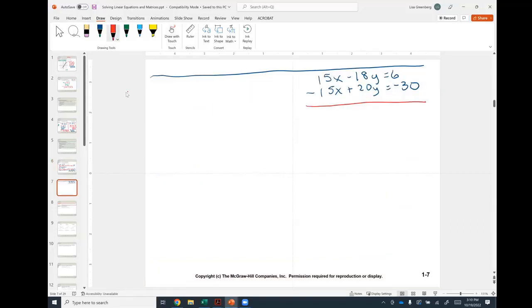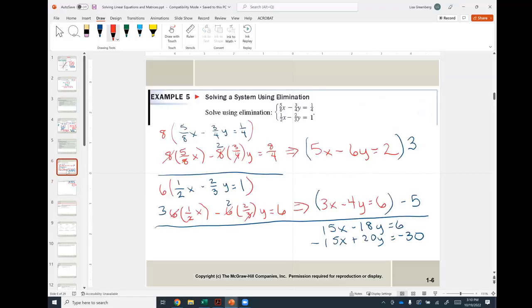Add these together, this cancels. I get 2y equals negative 24. y is going to equal negative 12. And then I just need to put it back, but I want to put it back into my original equation because they were a lot smaller, if you remember.